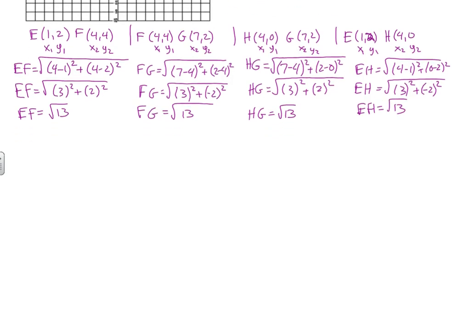So what conclusion can we make about all 4 of those? We can say that EF is congruent to FG, is congruent to HG, is congruent to EH, because they all have the same distance.